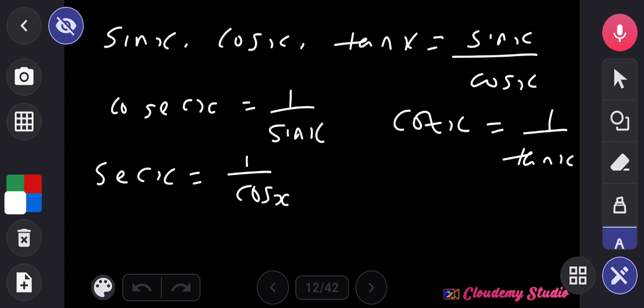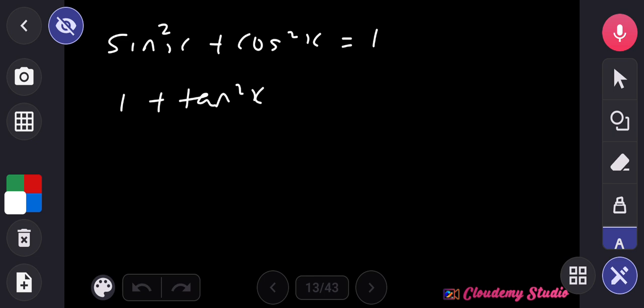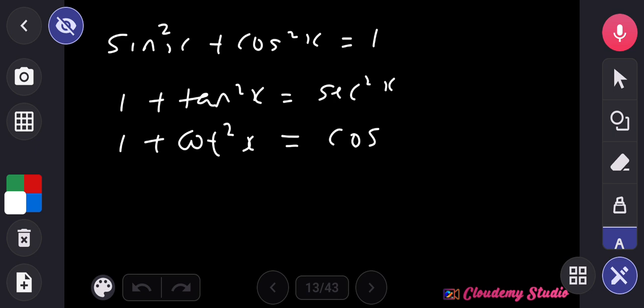We have sine squared x plus cos squared x, which is equal to 1. 1 plus tan squared x equals sec squared x. 1 plus cot squared x equals cosec squared x.